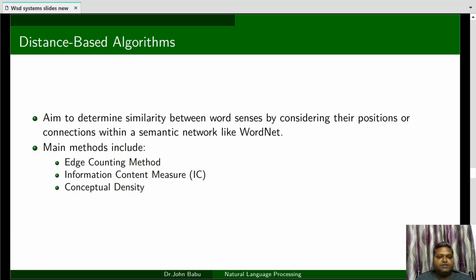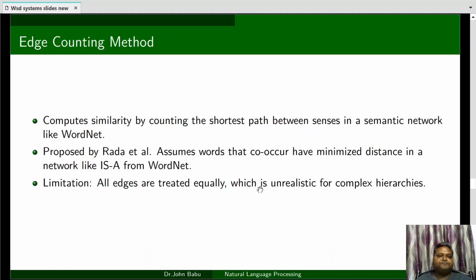But here in NLP, in word sense, we don't have such x and y coordinates. We want to find the similarity between two senses in a resource like WordNet. Then the methods used are the edge counting method, the second one is the information content measure, and the third one is conceptual density.